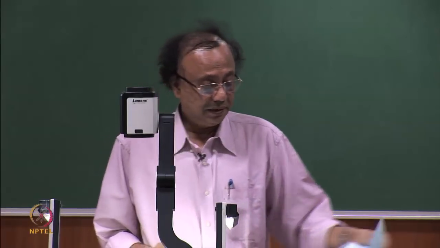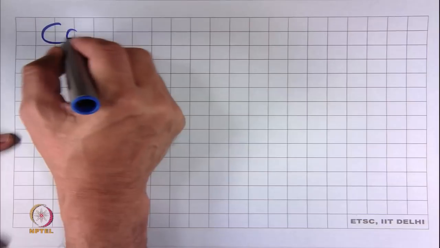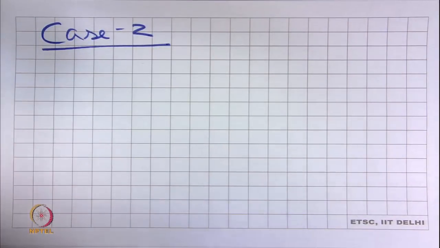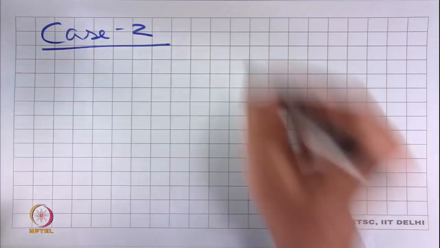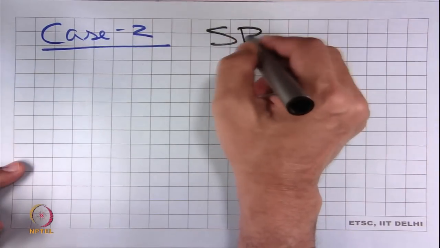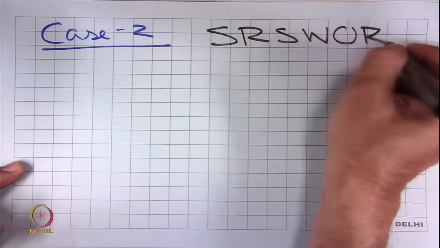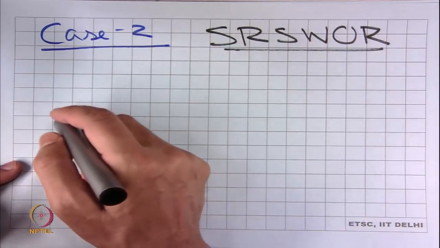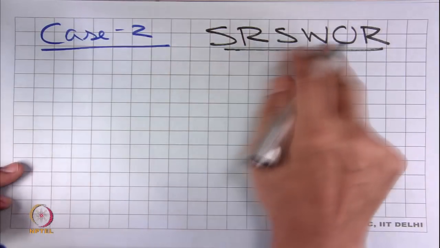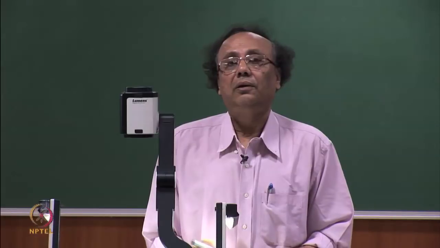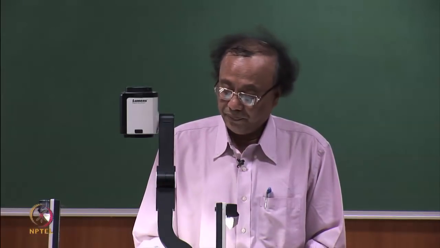Now, let us look at case 2. What is that? Case 2 is SRSWOR. So, now we are looking at simple random sampling without replacement. What is therefore going to happen?